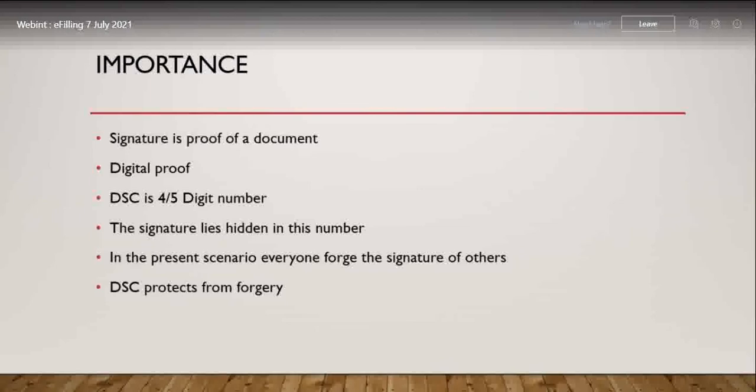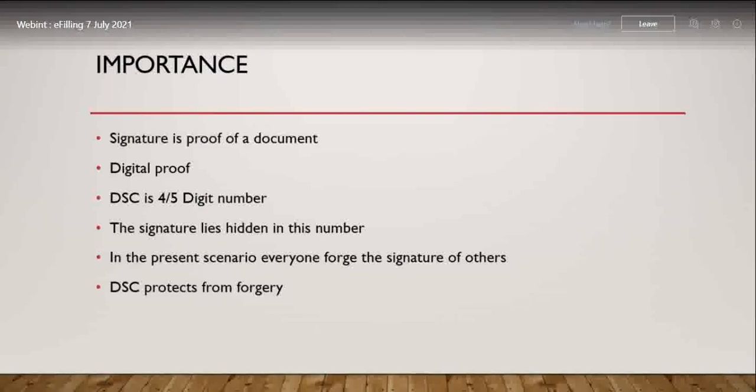Actually, a digital signature is a 4 or 5 digit number. You will get a pen drive, and inside that pen drive is a 4 or 5 digit number. The signature lies hidden in that number. When you enter the number on any document, the signature appears on that document.